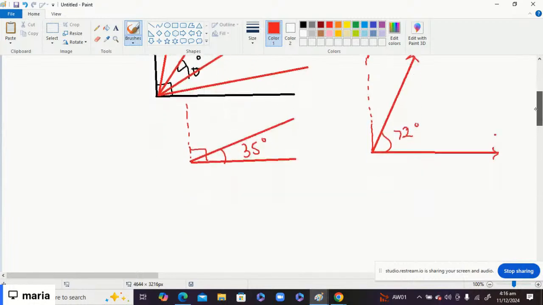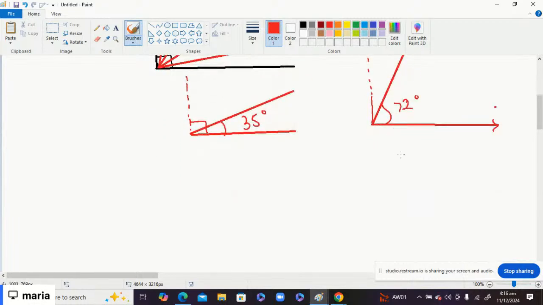So what is the acute angle? Which is less than 90. So here is the acute angle.